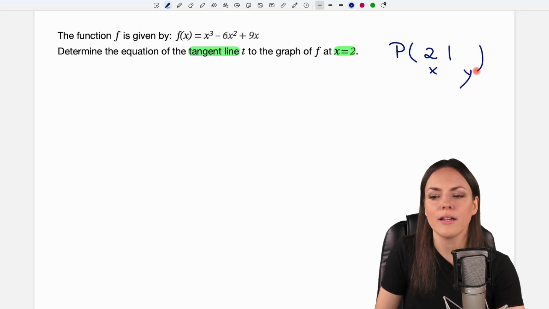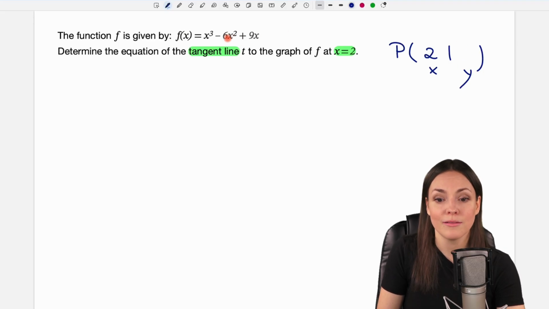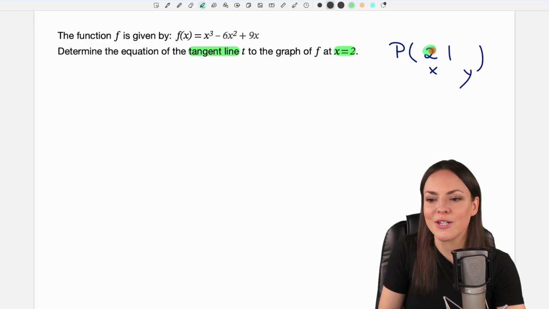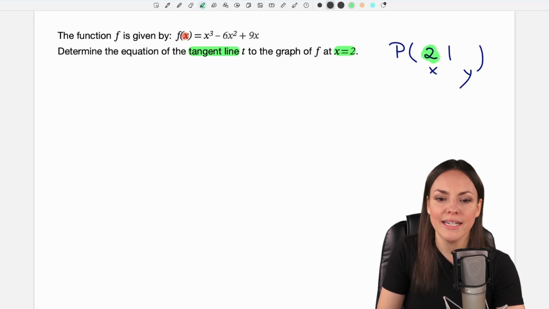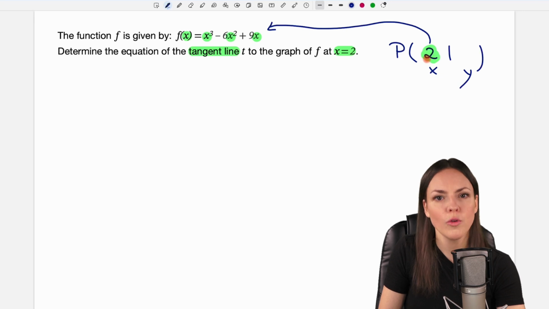And what about the y-coordinate? Well, we don't have it yet, but we can find it, because they gave us the function and our point P is part of our function, so we can insert the x-coordinate for our x in our function. For every x we have in here, we insert 2 so that we can find our y-coordinate.